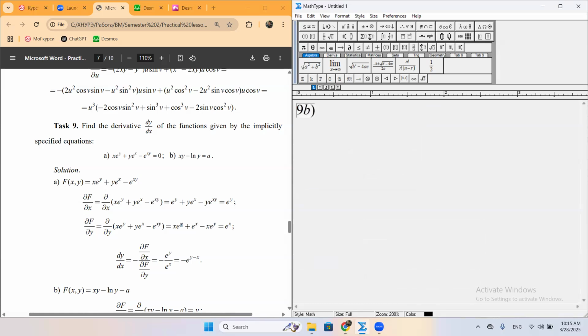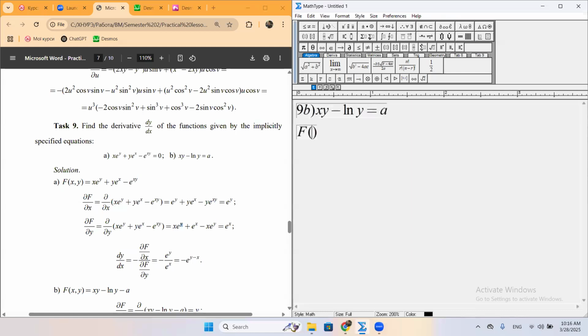Okay, one more exercise, 9b. We have the following implicit function: xy minus logarithm of y equals a.